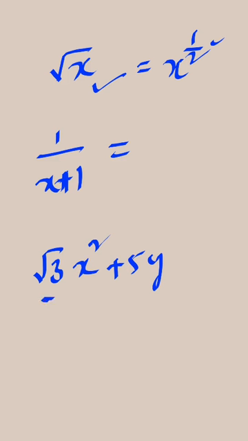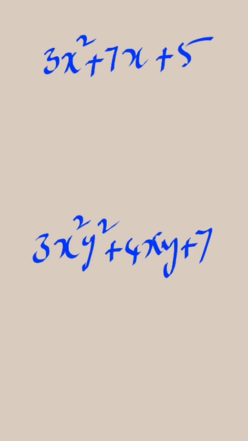At the same time, here you see this is a polynomial. Why? Because here the coefficient of x square is a root number but not a variable. So this is a polynomial. The coefficient of x square is a root number, that means an irrational number. There is no problem, it is a polynomial.